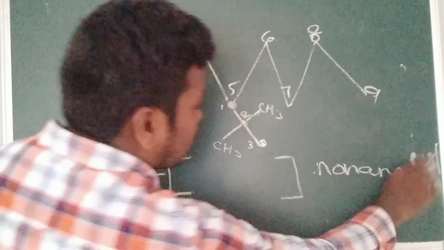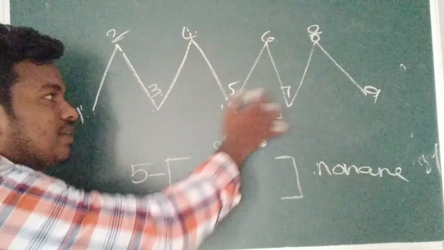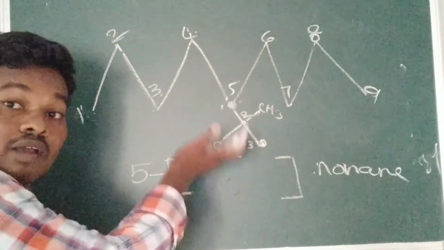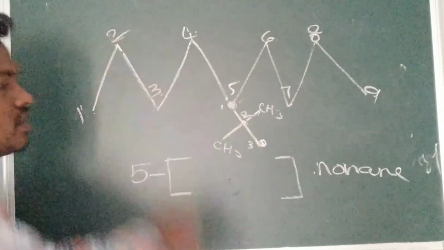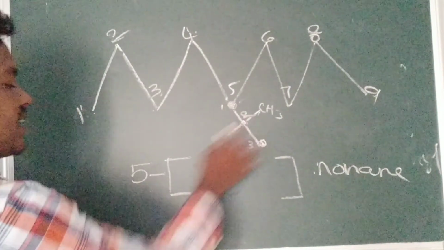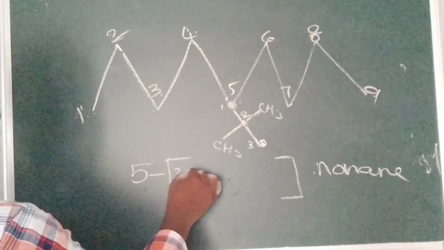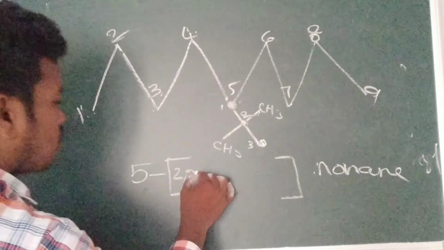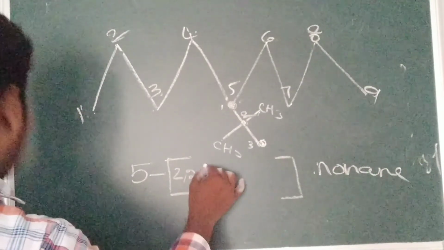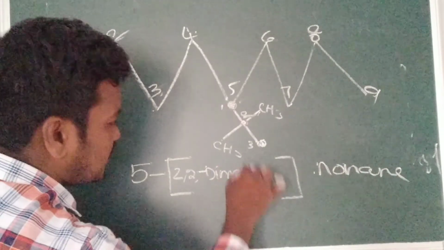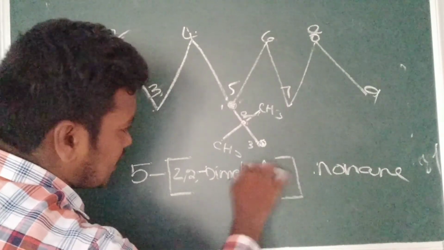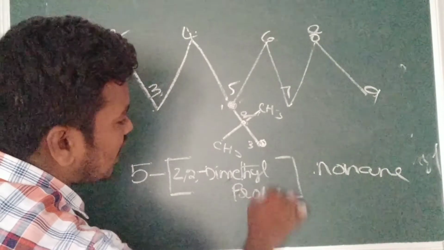But here, in this bracket, whatever substituted complex chain is there, we have to write it here. So on the second position, 2 comma 2, dimethyl propyl. It is also a branched chain.